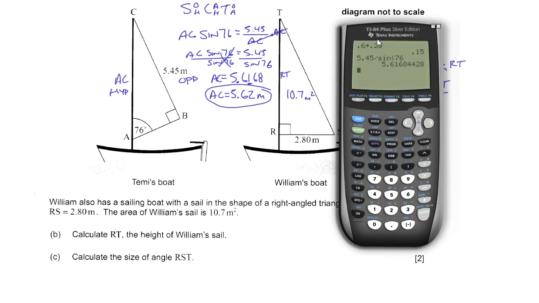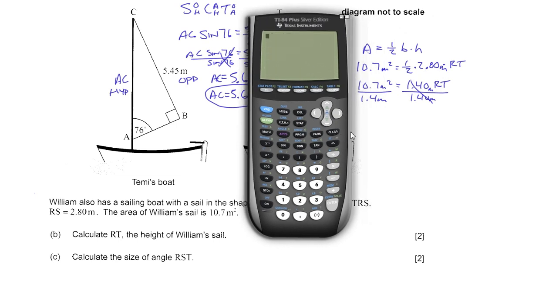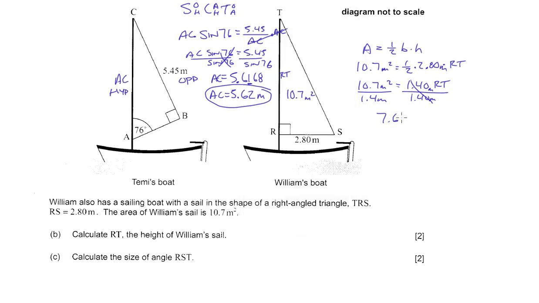So let's see what we get for that. Okay, so we got 10.7 divided by 1.4. And we get 7.6428, so let's round that to the third significant figure, 7.64 equals RT. And that's 7.64 meters, right? Because it's a length. Always put your labels on there.